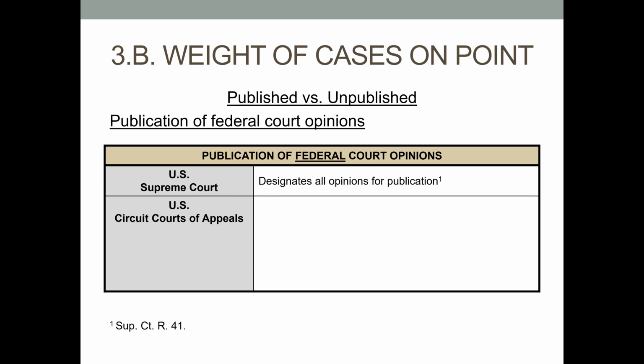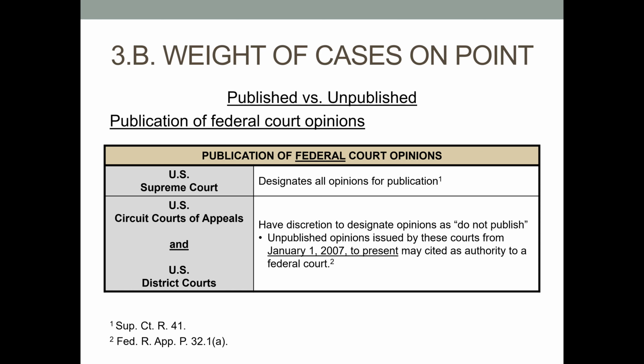Now, in the federal circuit courts of appeals and in the United States district courts, the trial courts, because U.S. district judges do sometimes author opinions to support rulings on motions and so forth, these two federal levels of courts have discretion to designate their opinions on a case-by-case basis as do not publish or publish.